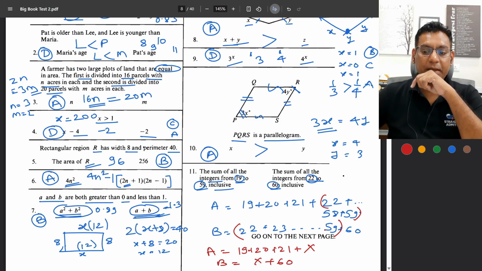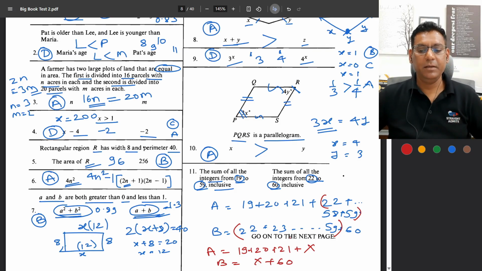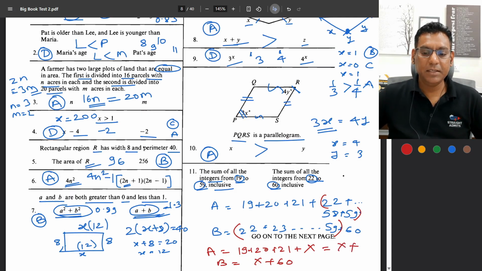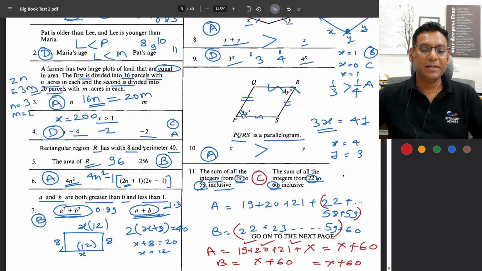And I need to compare A versus B. So what is A? A is X plus 20, 21, 19. That sum is also 60. This is also 60. So both of these quantities are the same. Pretty interesting problem. Not a difficult one, but very unique in terms of how this has been structured.